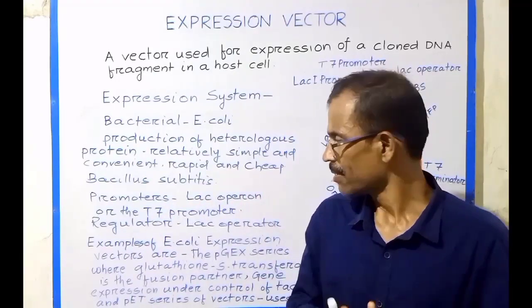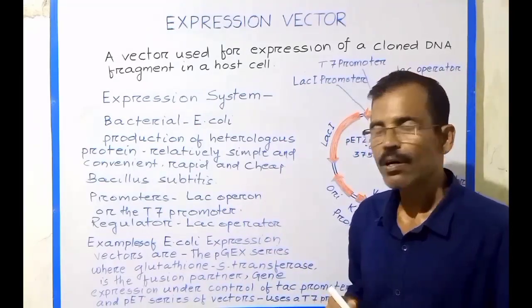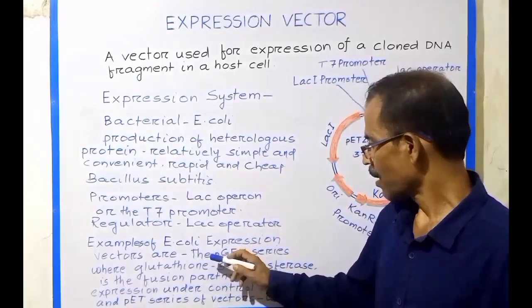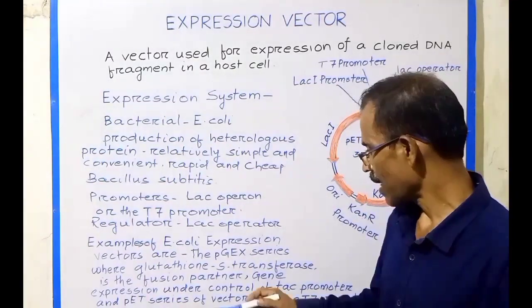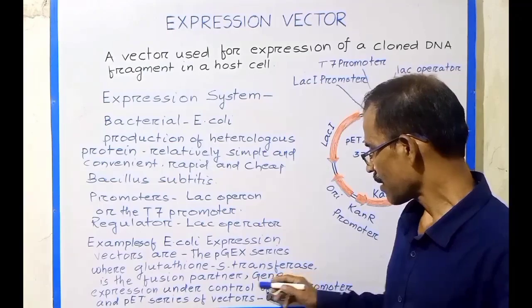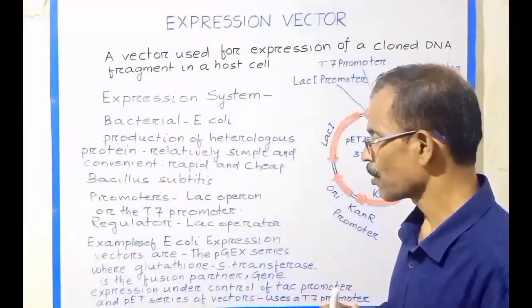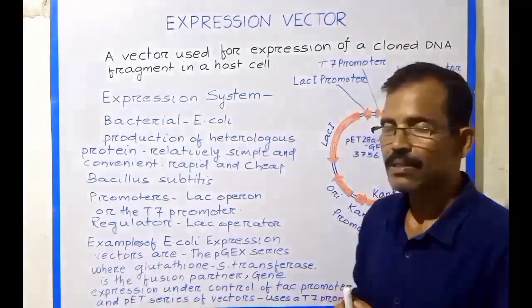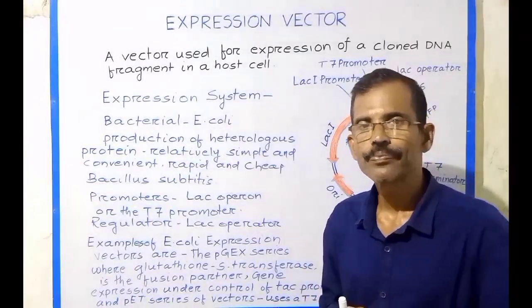The system is regulated by the lac operator. Examples of E. coli expression vectors are the pGEX series, where glutathione S-transferase is the fusion partner and the gene expression is under the control of the tac promoter, and the pET series of expression vectors that use a T7 promoter.